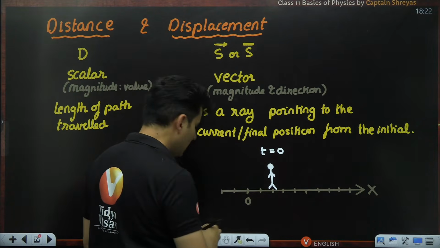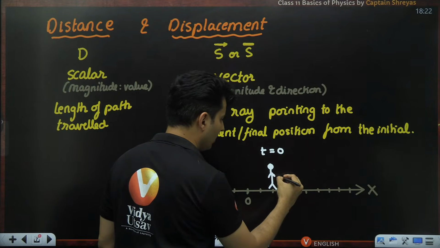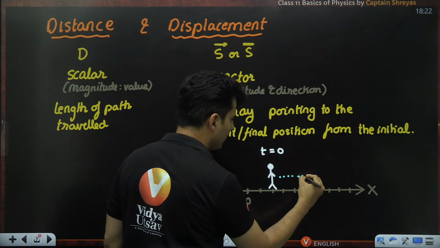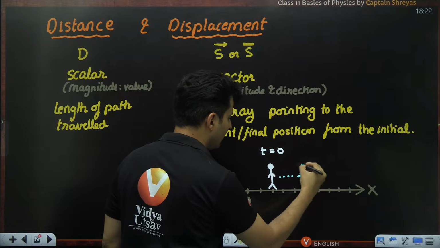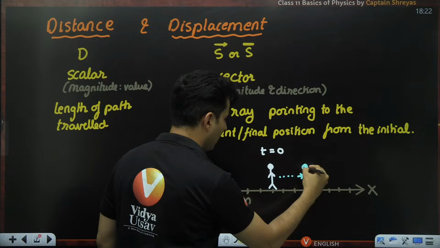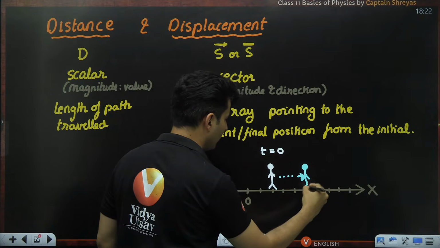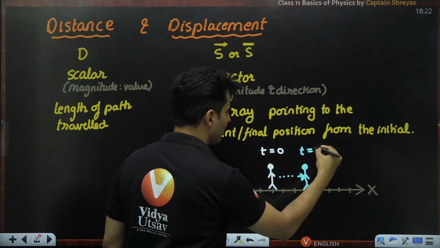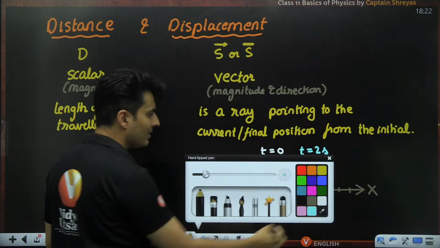Then our Pandu traveled somewhere just like before, and he reached over here after some time, maybe at t equal to 2 seconds, just like that previous diagram.